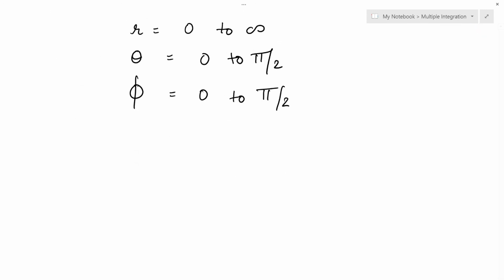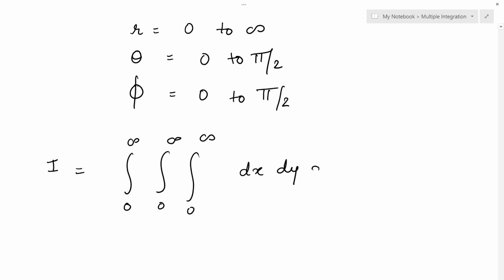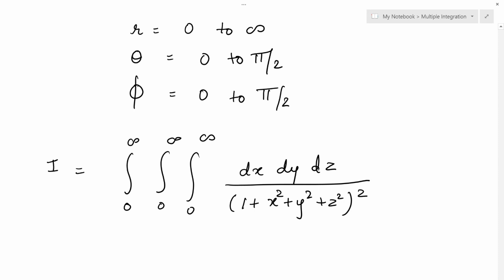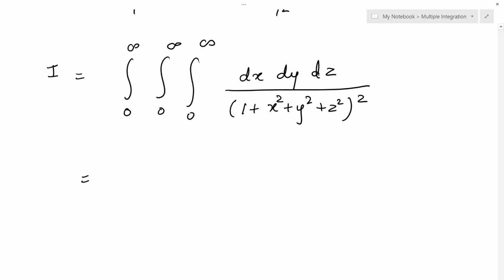Okay, so now what is my original integration I? 0 to infinity, 0 to infinity, 0 to infinity, dx dy dz over 1 plus x square plus y square plus z square, the whole square, can be converted into 0 to pi by 2, 0 to pi by 2 and 0 to infinity.